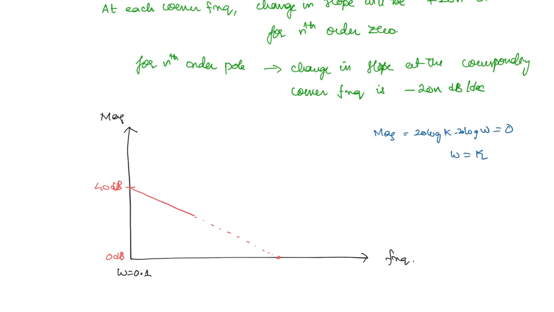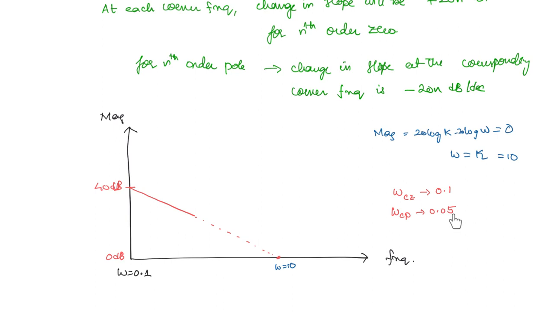Remember, this is only for the single pole at origin. k here is 10, so omega is equal to 10. Anyways, the corner frequencies are much less than that. What are the corner frequencies? The corner frequency corresponding to the zero is 0.1 and the corner frequency corresponding to the pole is 0.05.